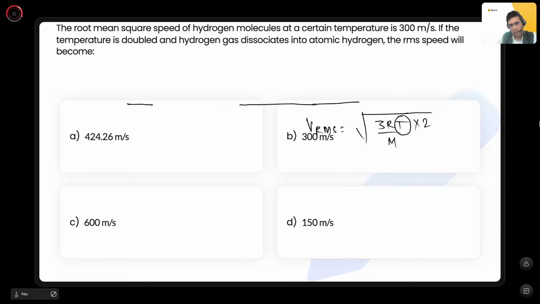And hydrogen dissociates into atomic hydrogen, so mass becomes 1 by 2. So this entire thing will become root 4 times, or v dash will be equal to 2 times of the vrms. So the answer will be 600 meter per second.